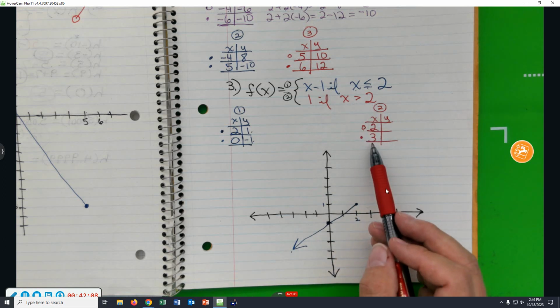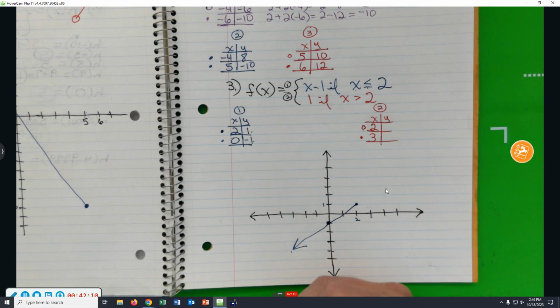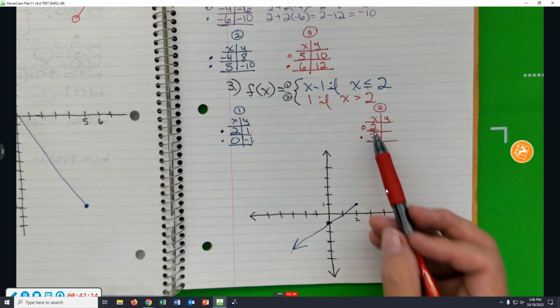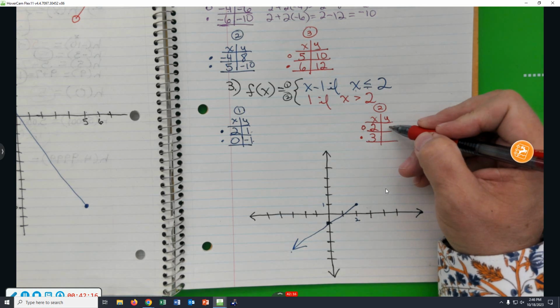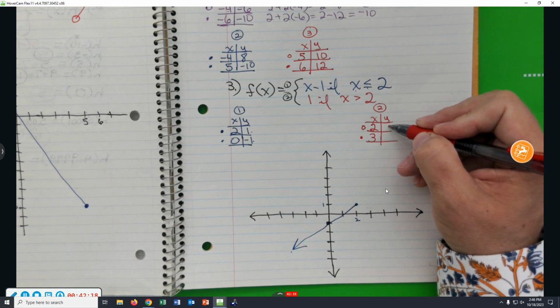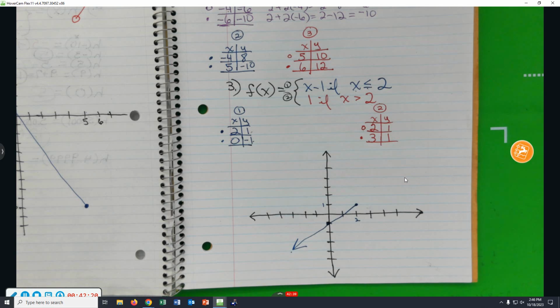The numbers you choose must satisfy the inequality, therefore they're plain closed dots. Oh, this is nice. What's the y value going to be for both of these? 1 and 1. It's called a constant function. It never changes. On the right-hand side, the red piece is a constant function.